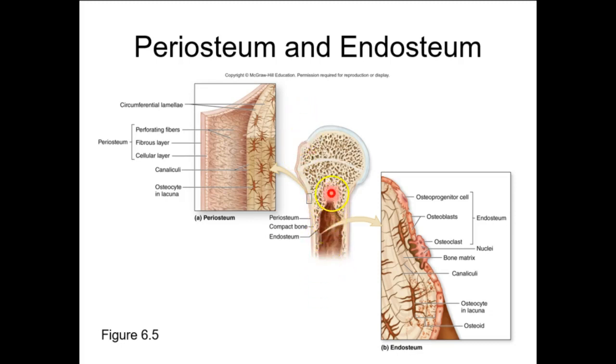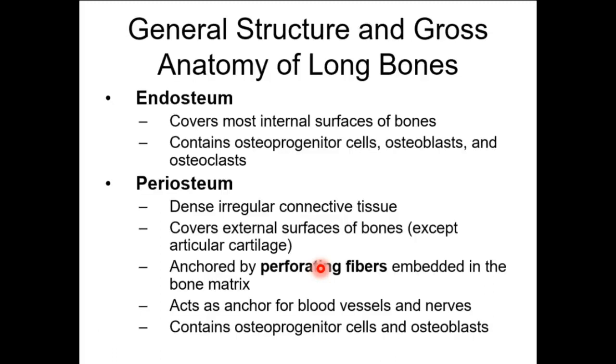Similarly, within the medullary cavity, we'll have an endosteum, endo for within, and then osteum for bone. These are also going to be locations for a variety of our specific bone cells, not blood cells. You'll have osteoprogenitor cells.